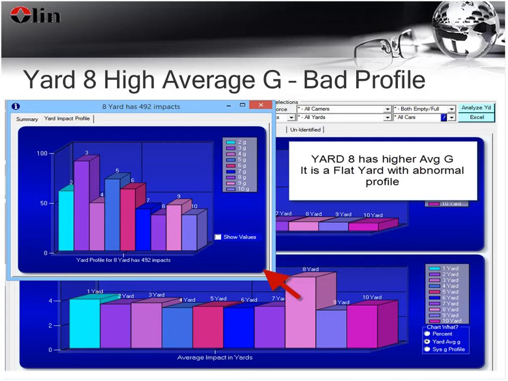About 10% of the impacts in this yard are 10 Gs, which is really high. And 65% of the impacts are 5 Gs or higher. So this particular yard would be a candidate for us to take the data and give it to the railroad that owns the yard, and hopefully they will fix the problem.